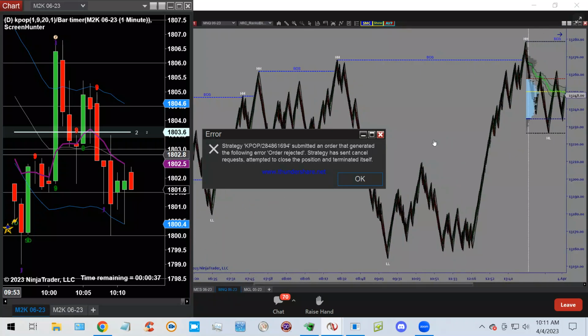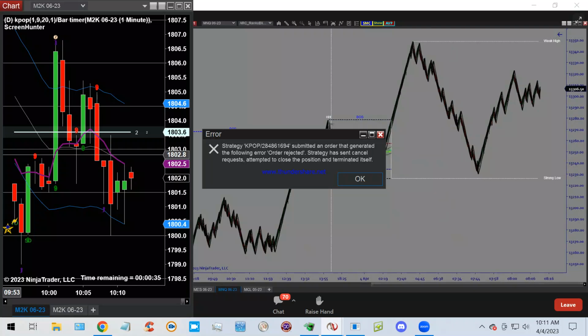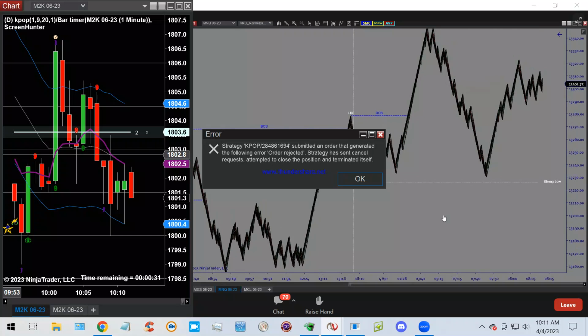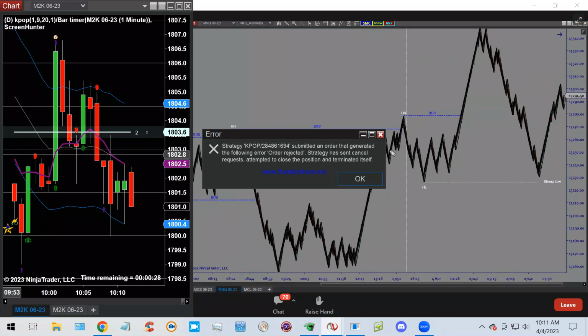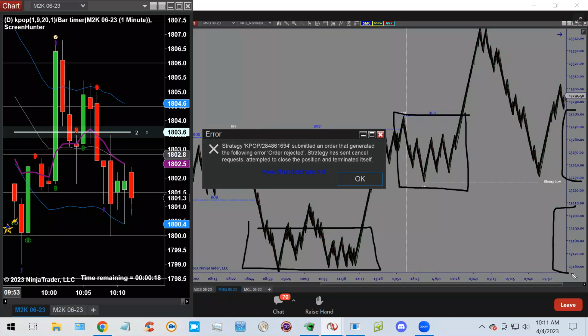Take a look at the NQ. You see how this boss break here is way outside this boss break? Like the order flow is in a different location.